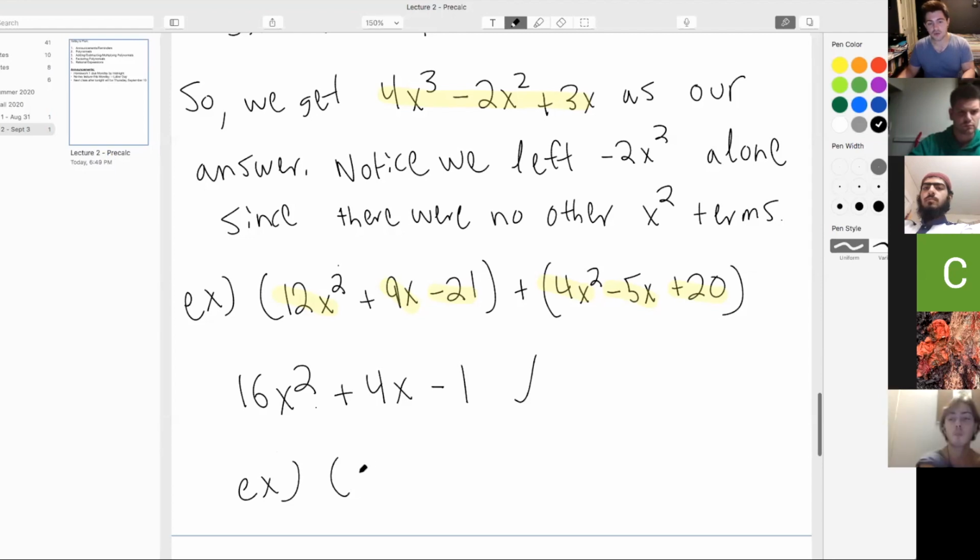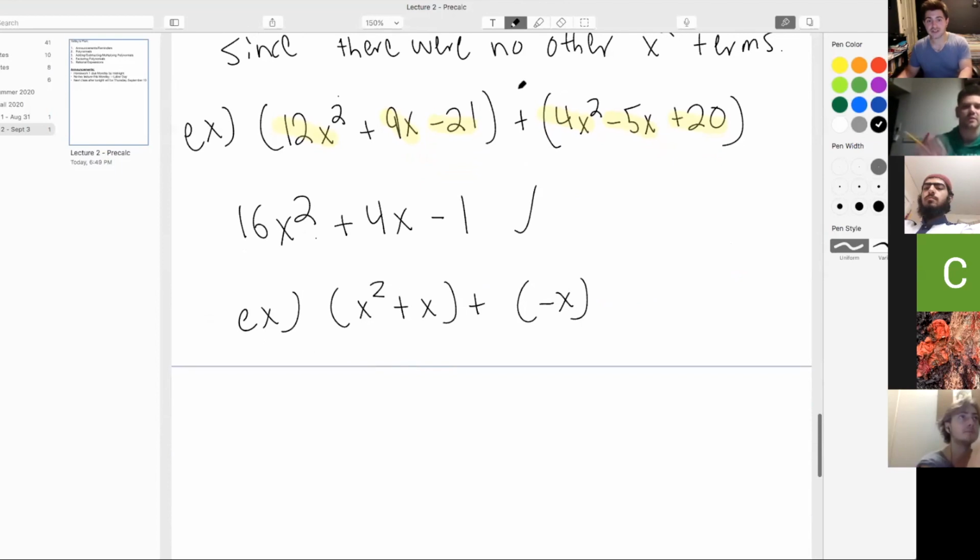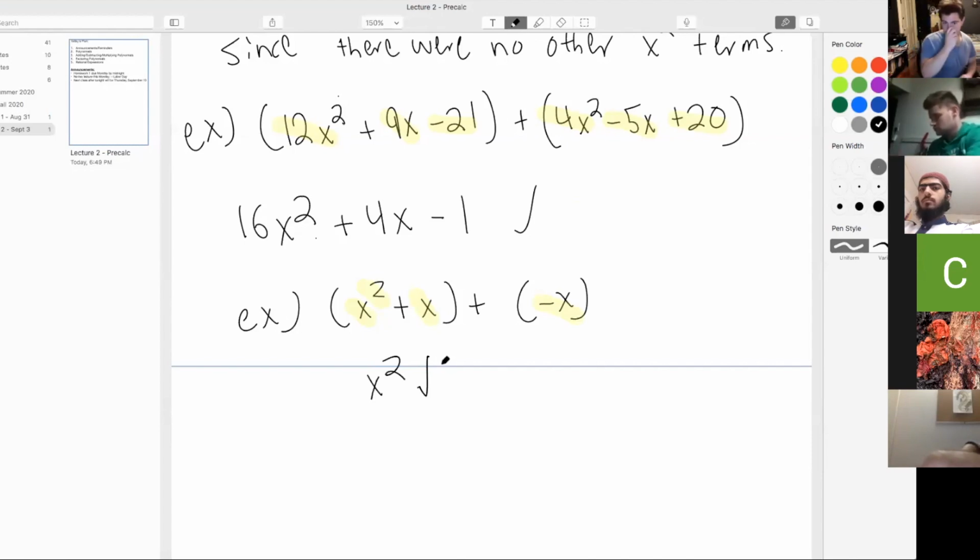Let's say we were doing x squared plus x plus negative x. The x squared has nothing to combine with, so that just comes down. And the x terms will be x minus x, and that's 0. So the answer would just be x squared in this case. I hope that's what you were asking. Yes, thank you. Good.